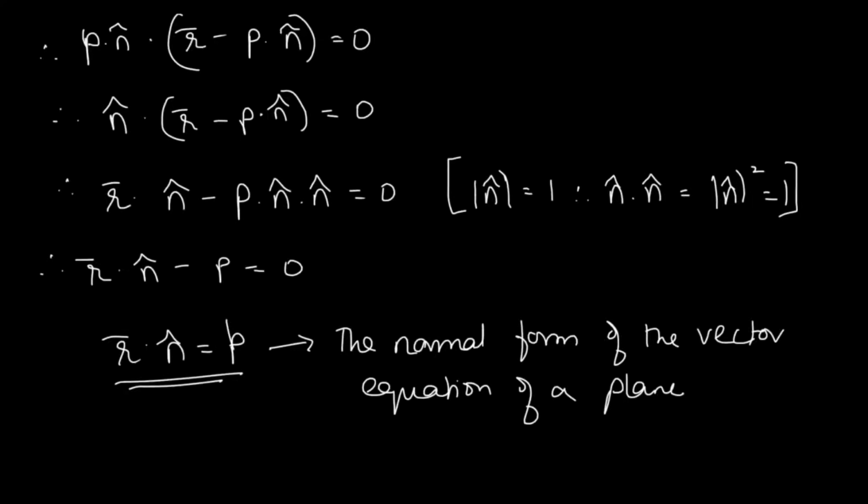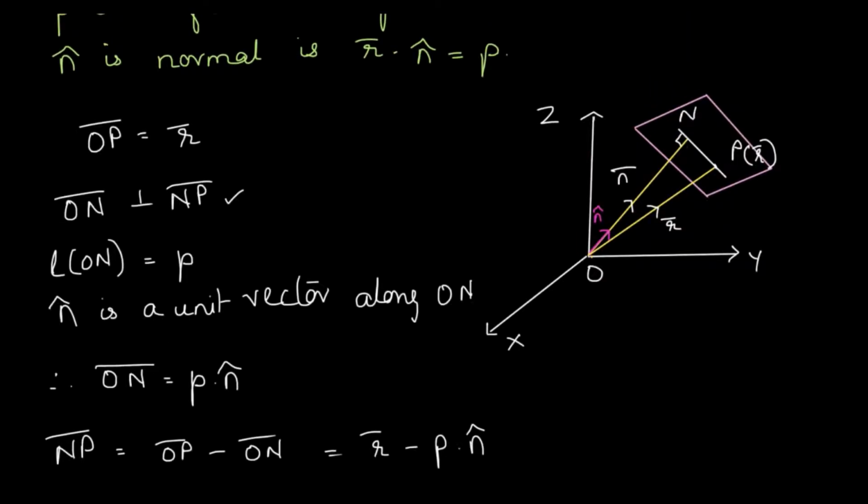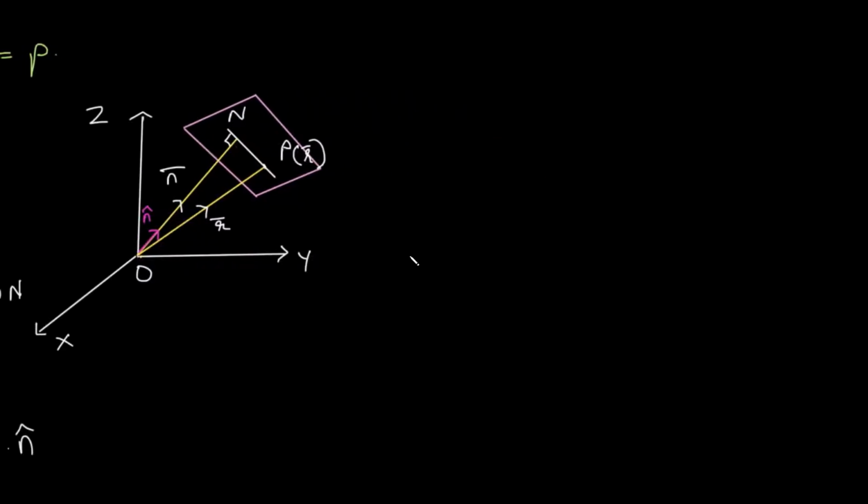Then going further, let me tell you certain concepts which we should keep in mind. Just to help you out, with respect to this figure, suppose for n cap the direction cosines of the normal to the plane are l, m and n.